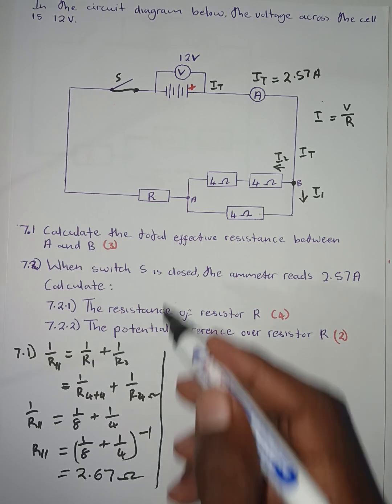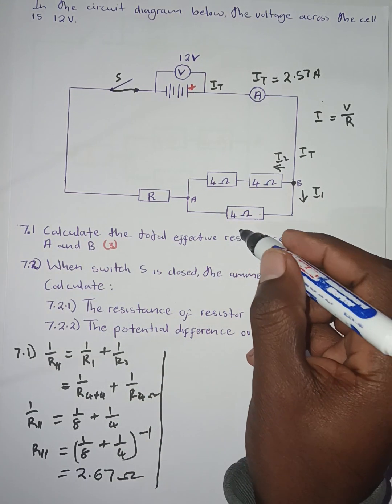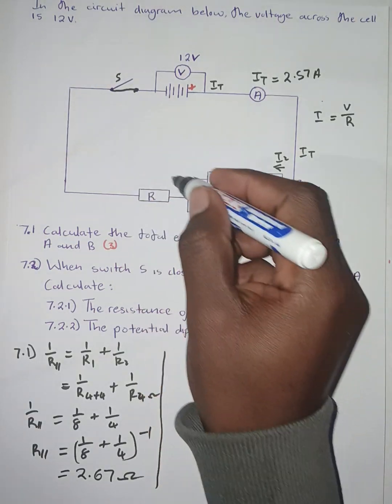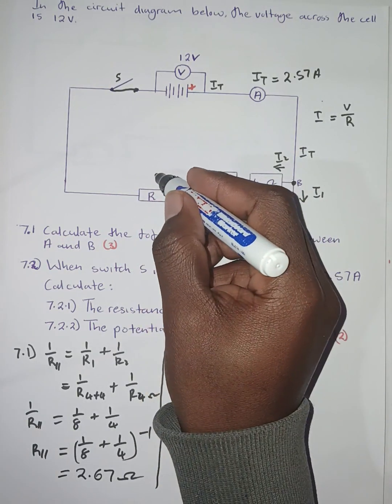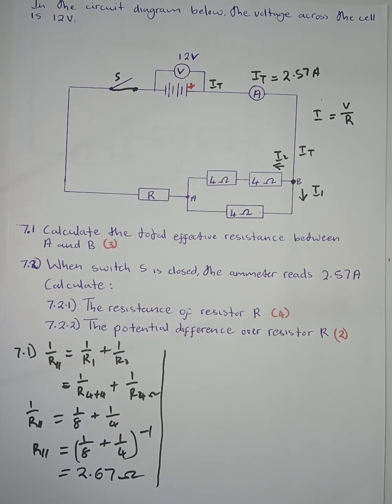So in a sense, that 2.67 would be in series with that resistor there. That's one thing that you must note. There are actually 2 ways you can choose to do that. I'm just going to show the other way on the other paper.